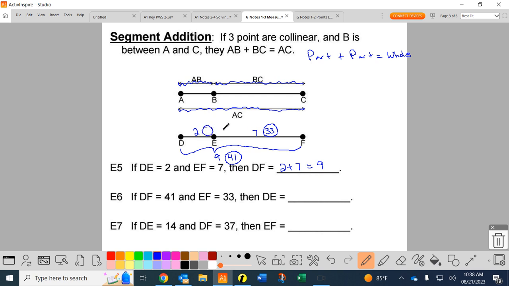So we just said that we work backwards and we subtract. We're going to subtract those numbers. 41 minus 33 is going to give me the other part, that DE, which is going to be what? 8? Just 8? There we go. That means DE right there would be 8.